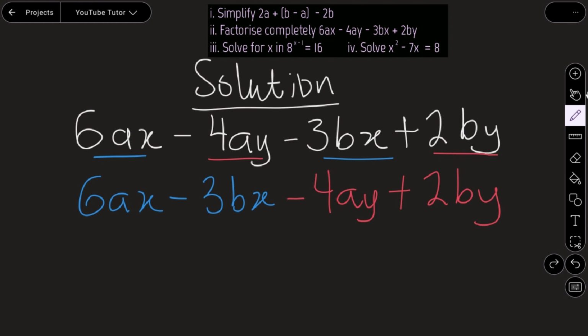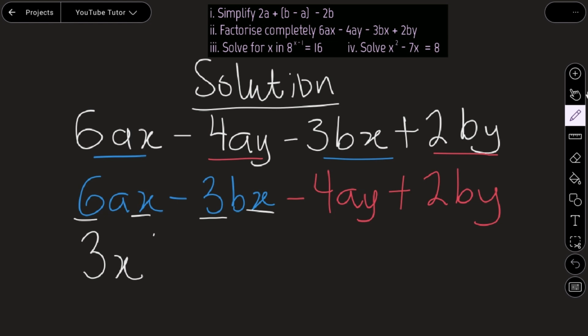So what I'll just do is, we have 6 here and we have 3 here. They are common factors which can be factorized out from this expression. What I'm just trying to say is that we can see that 3 can be factorized out, and we have 3x, because there's also x which is common here.